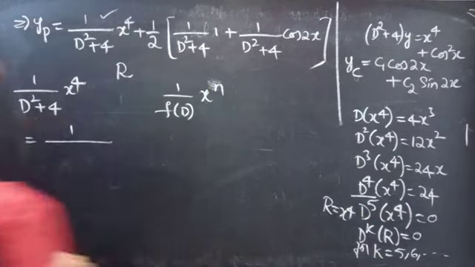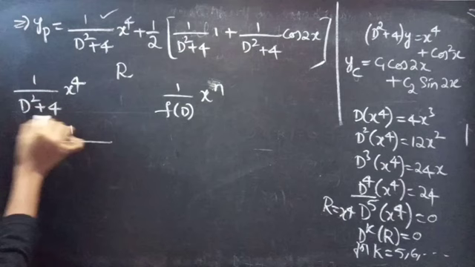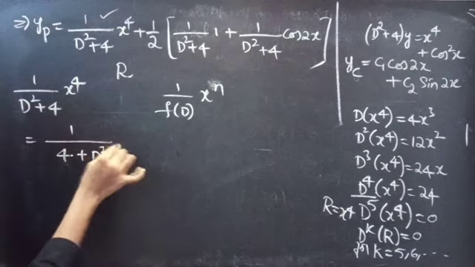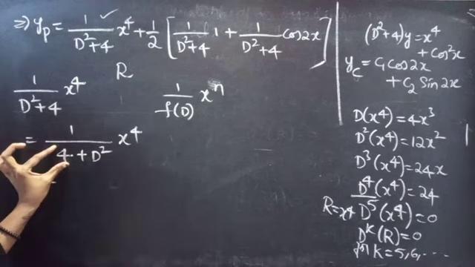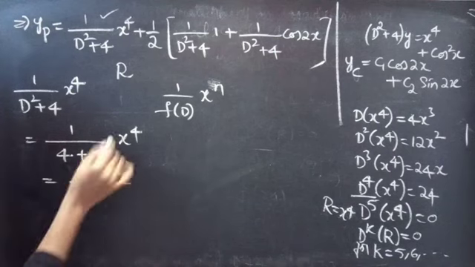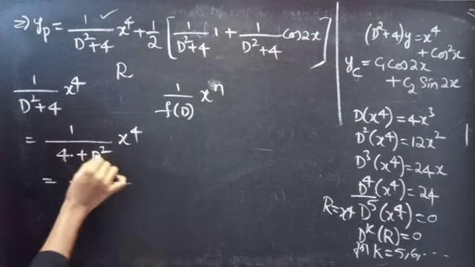Now, coming to the problem. Let's write the denominator in ascending form. We need to take the lowest degree term common from all the terms in the denominator. We'll just take 4 common from these two terms.